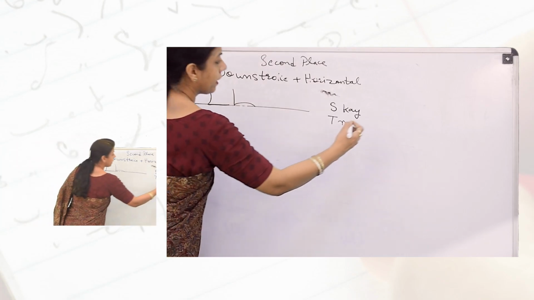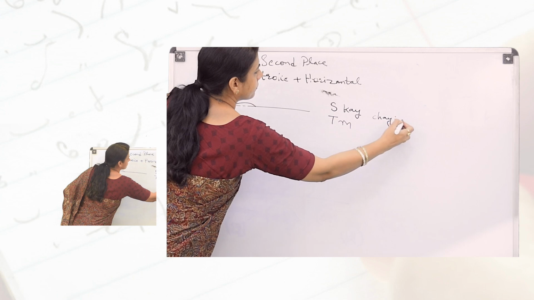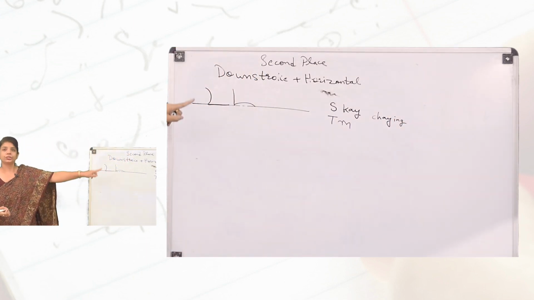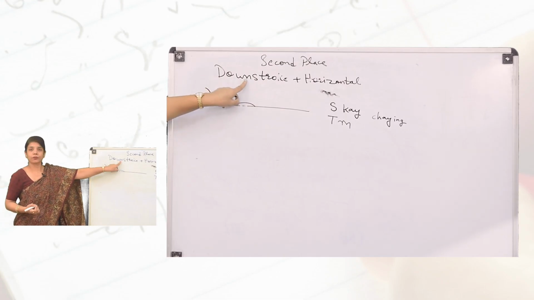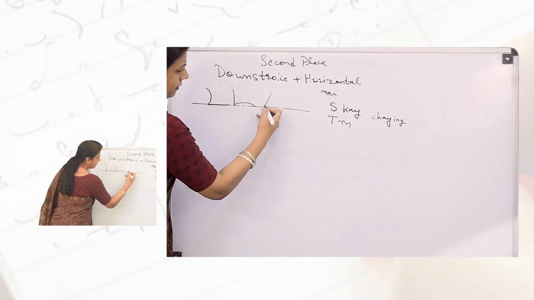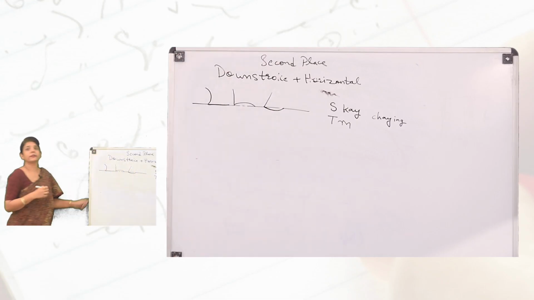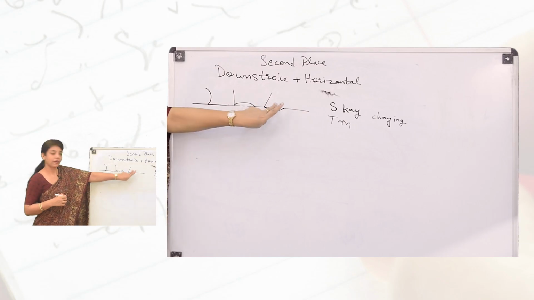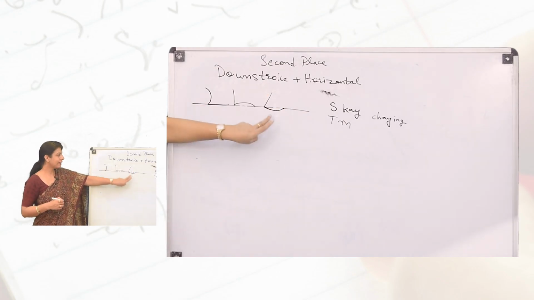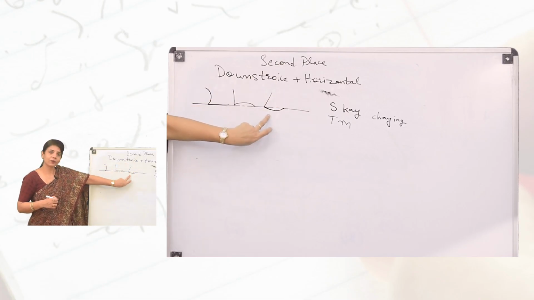One more example we'll take. Che, che is a downstroke. Ing is a horizontal. So che on the line. And ing follows, wherever che ends, ing begins. So it will go slightly down because of the shape of the consonant. And it's a darker consonant.